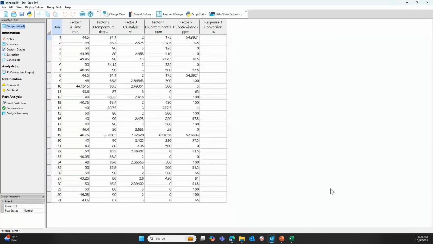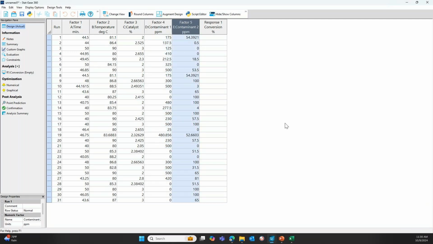And here's our design. Here's what it's going to want us to do. Now it's important that during the DOE itself we can control these factors as indicated, right? So these noise factors, at least during the DOE, we have to be able to control them so we can execute the study. We recognize that in the field that will be an uncontrollable factor, but for the time being, in the lab or pilot, wherever we're doing this, we're able to set these contaminant levels so we can study them.